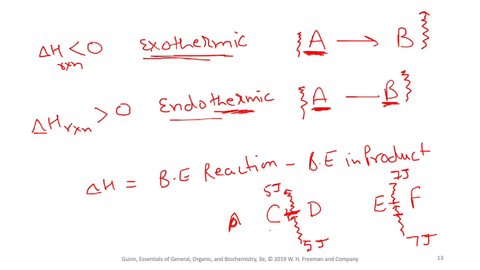So bond E and F needs more energy to break. That means the bond between E and F is stronger compared to C and D, right? This is a concept you need to know about exothermic and endothermic reactions.